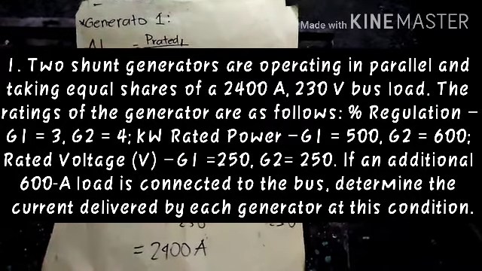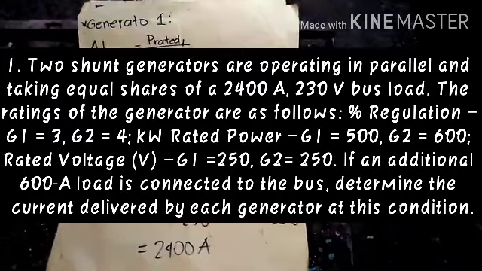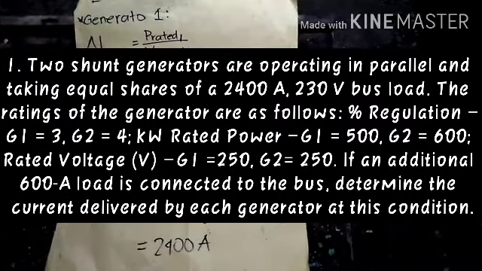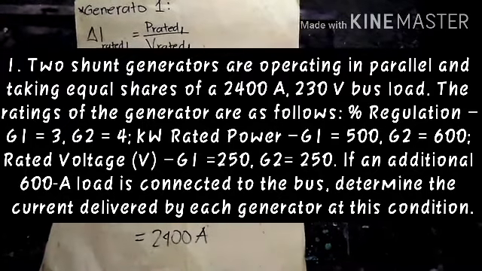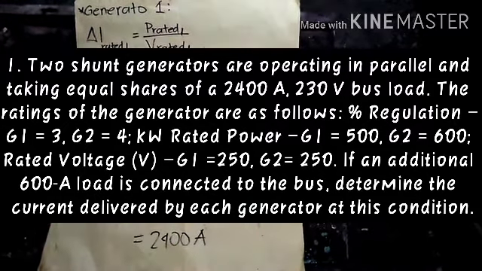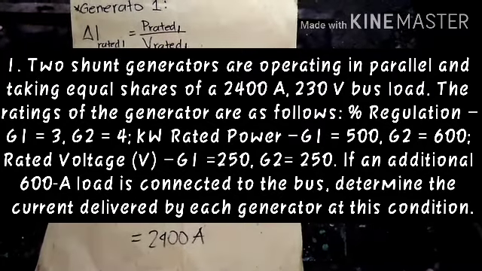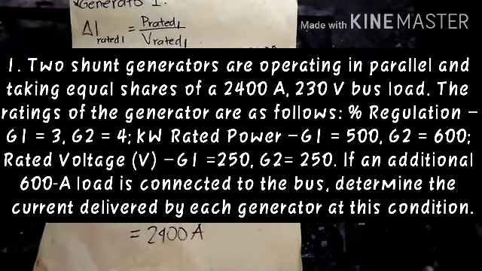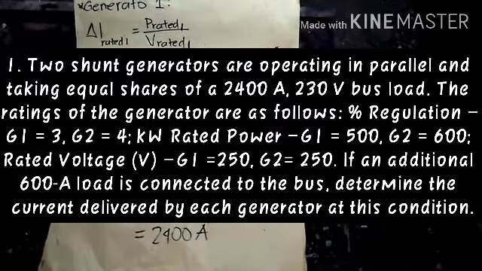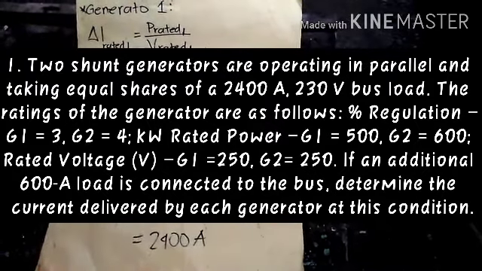Kilowatt rated power: generator 1 is 500 and generator 2 is 600. Rated voltage: generator 1 250, generator 2 250. If an additional 600 ampere load is connected to the bus, determine the current delivered by each generator at this condition.